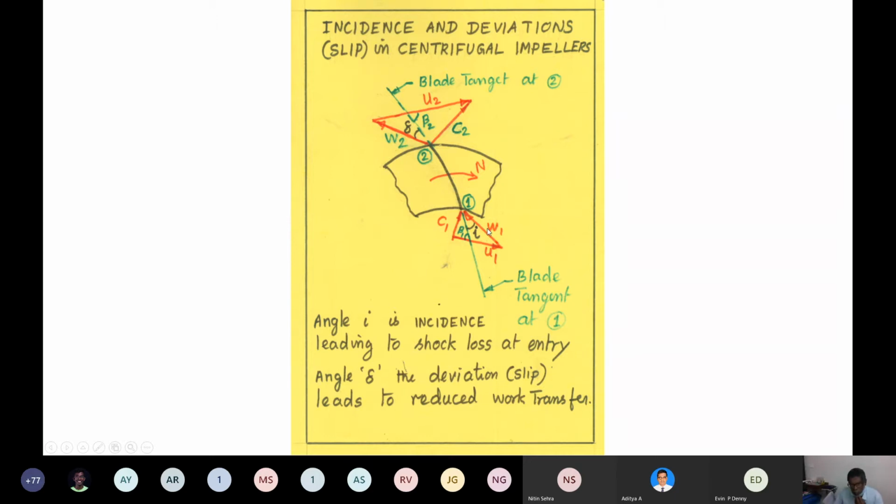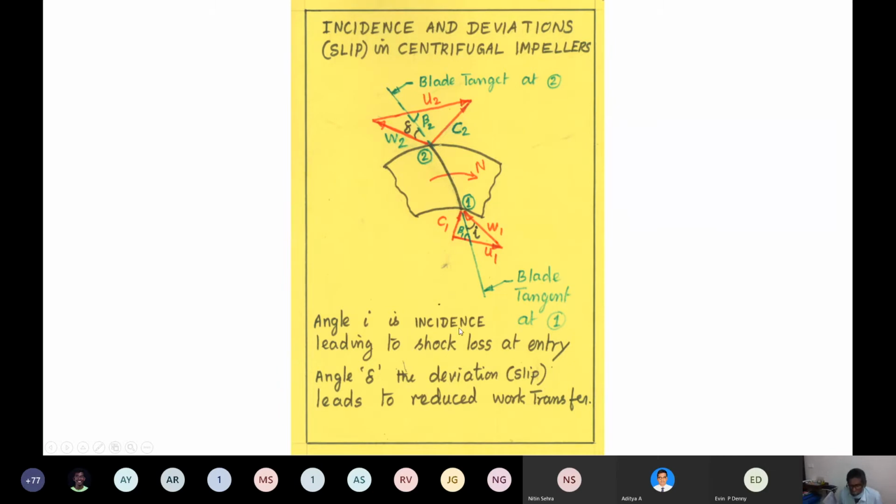You find that the direction of relative velocity is not along the tangent to the blade at the tip 1. There is a difference, and the difference is the incidence angle. Incidence angle leads to shock at entry. This shock is not the usual fluid dynamic shock you study in compressible fluid flow.